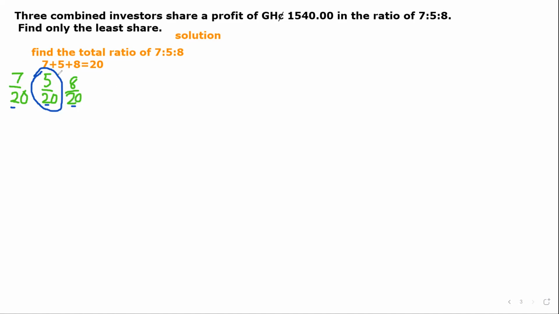So the one who will be getting the least amount will be 5 out of 20 times the profit. Okay, good. So you write your least share here.